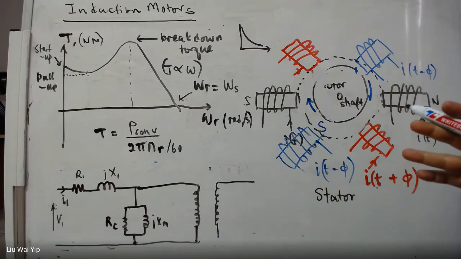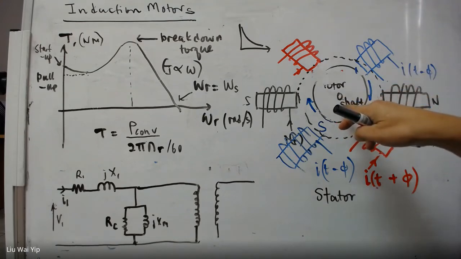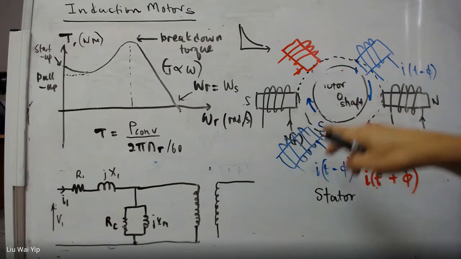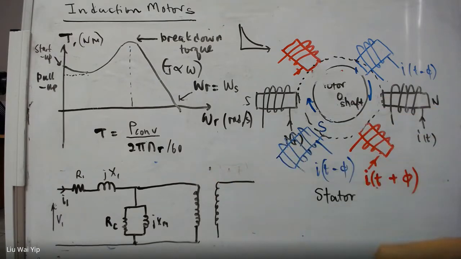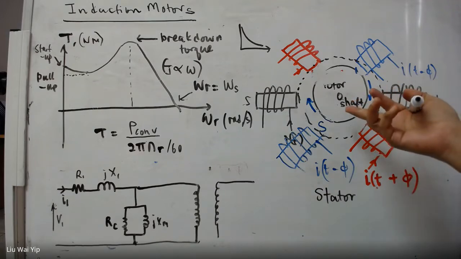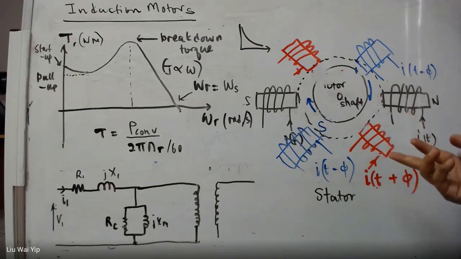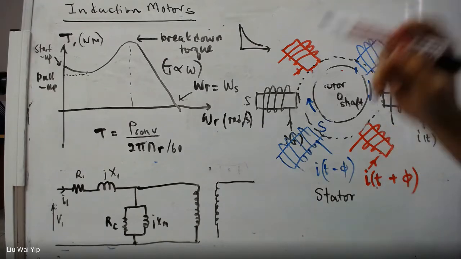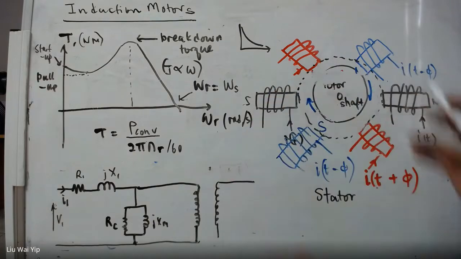And at the end of the modeling, we revert everything from the rotor, or so-called the secondary, to the primary. So in this case, whether we have wire connection in the rotor or not, it doesn't really matter. Now, the rotor itself is just a conceptual model.